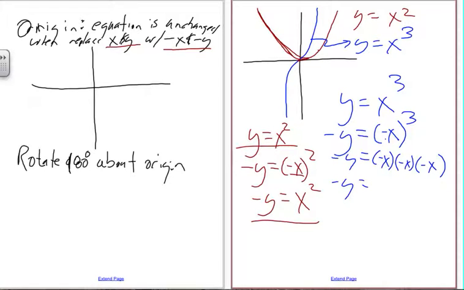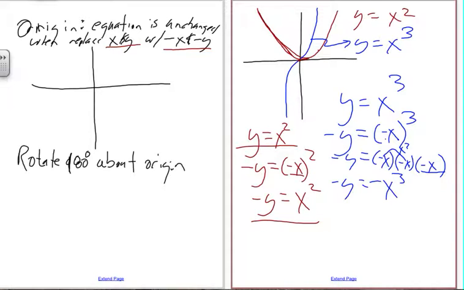So negative x times negative x gives me x squared, times another one will give me a negative x cubed. All right? So remember, these give me x squared, and then I'll multiply them again by a negative x. I'm going to end up with a negative x cubed.